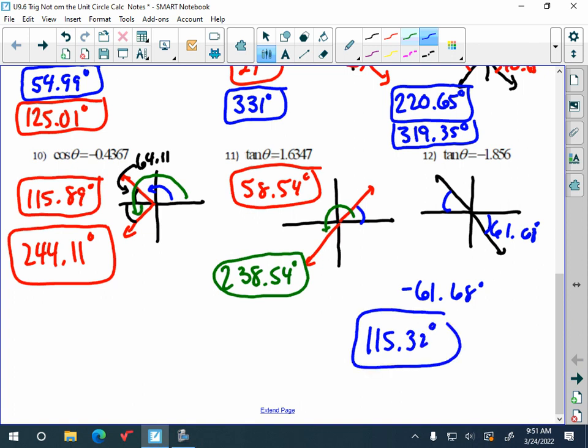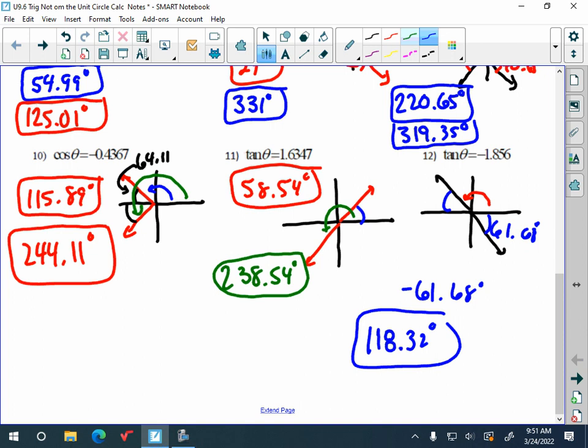Okay, so that's the first one. Right, it is 118. That's what I meant. Yes.